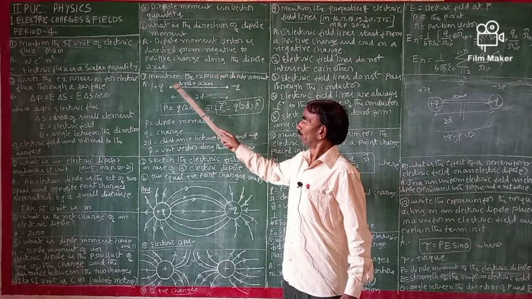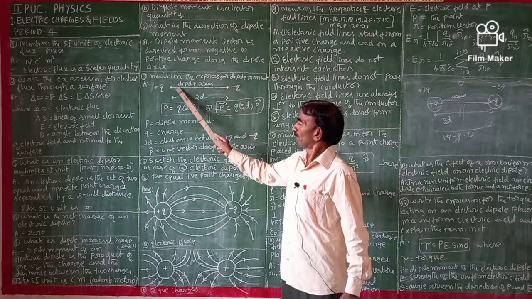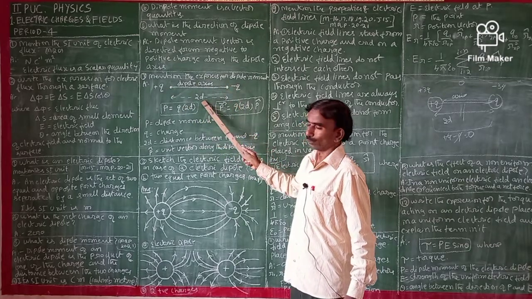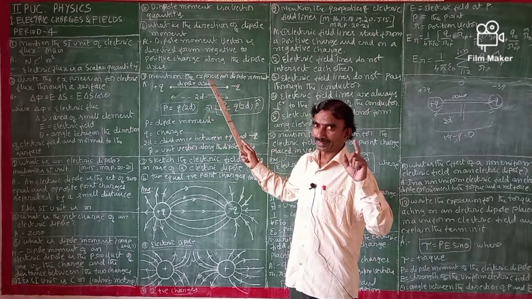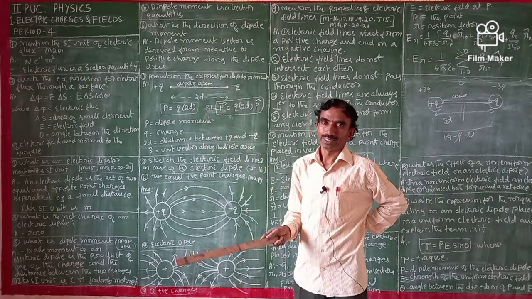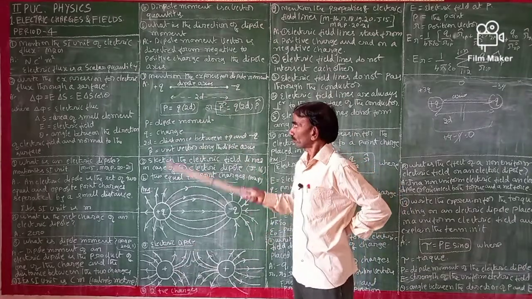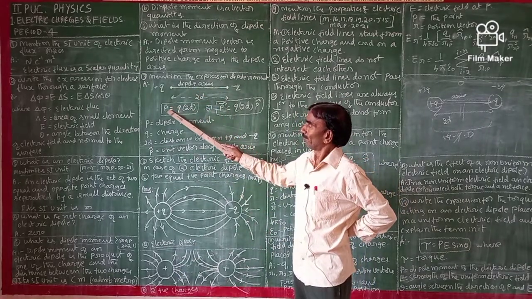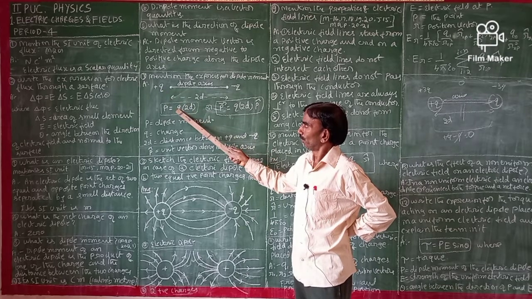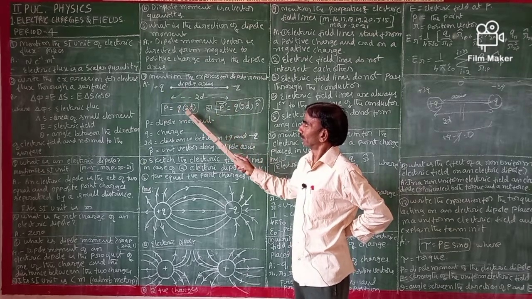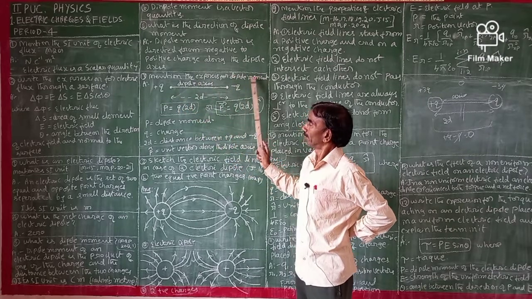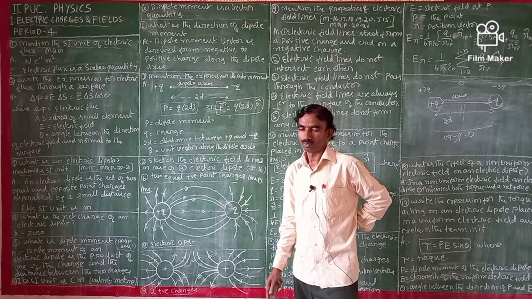Here it is plus q and minus q, and this is the dipole axis, and the distance between plus q and minus q is always 2d. In problems this arises. The dipole moment is the product of one of the charges q and the distance between the two charges, 2d. Q into 2d is the expression for the dipole moment.